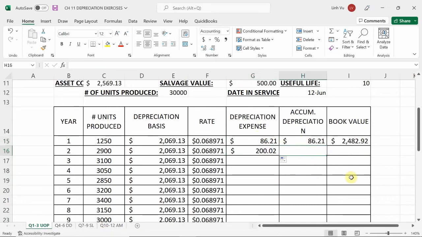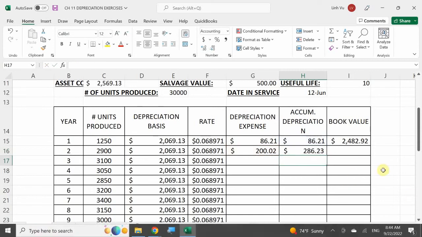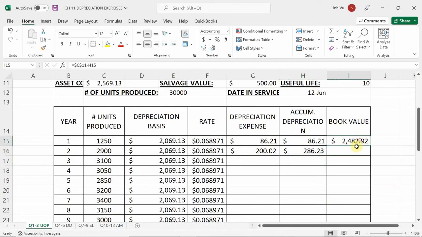Okay? So what's your accumulated depreciation? $286.23. Good. So then what is your book value going to be? $2,082.90.